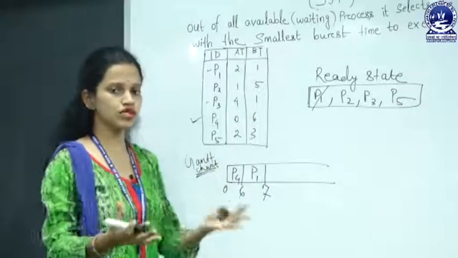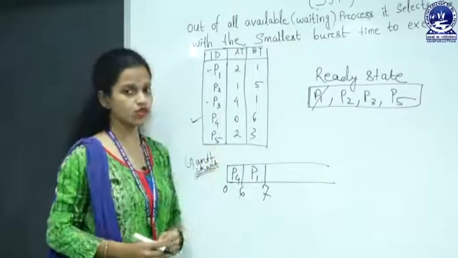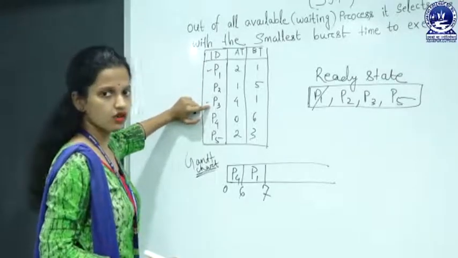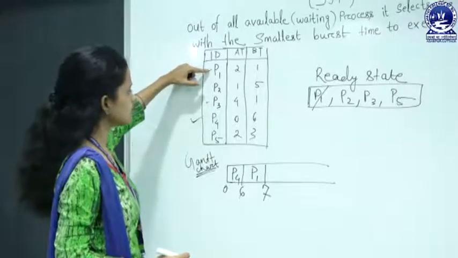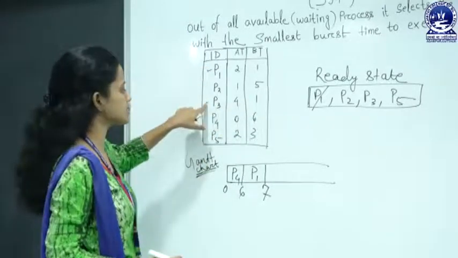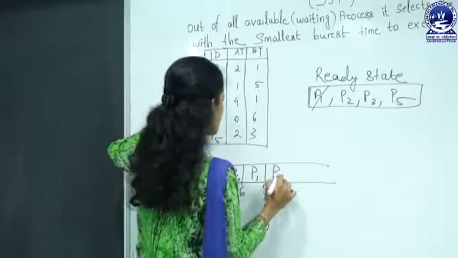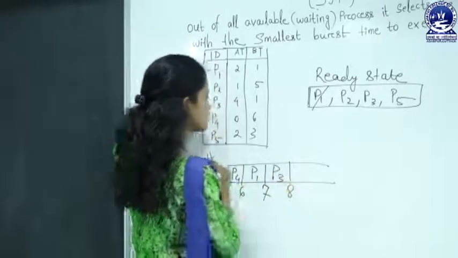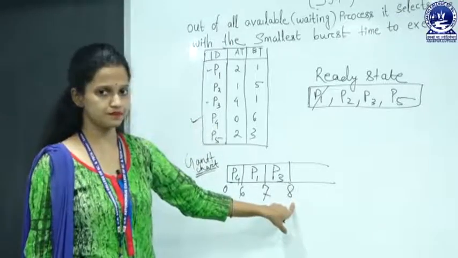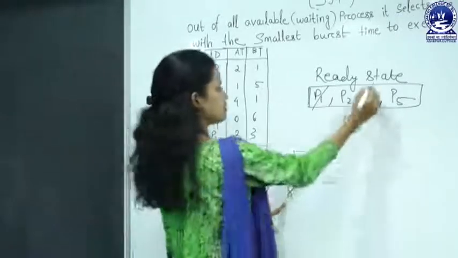Then after that, which process would be allocated to the CPU? That is P3, which is having minimum burst time 1. For how much time? It also for 1 millisecond, 7 to 8 millisecond. Then P3 has done.